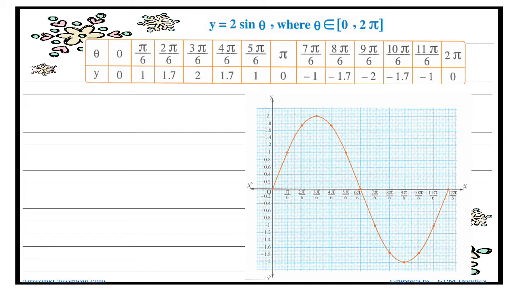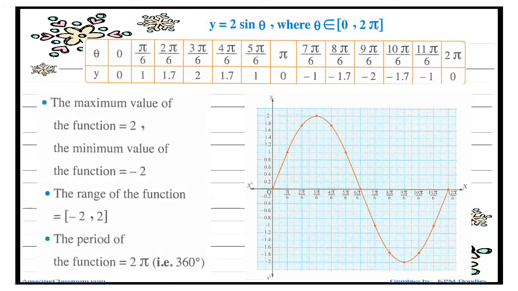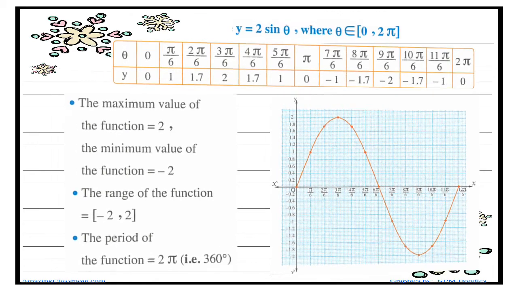Then the maximum value is the number before the sine of theta. Then the maximum value of the function equals 2 and the minimum value equals negative 2. Then the range equals the closed interval from negative 2 to 2, and the period is repeated each 2 pi.